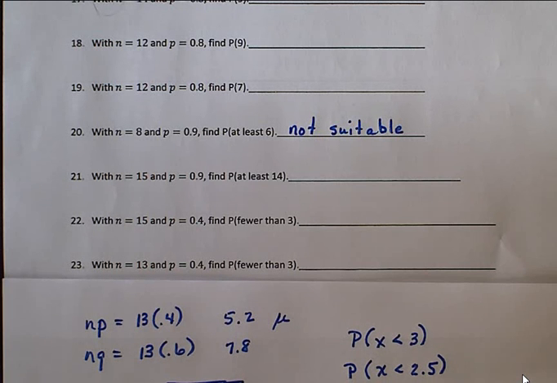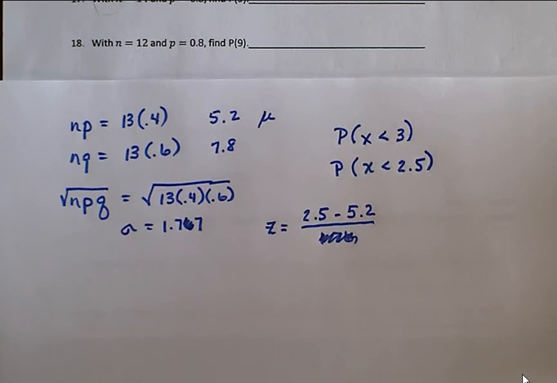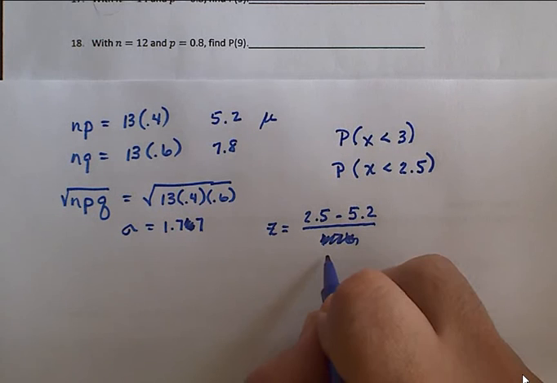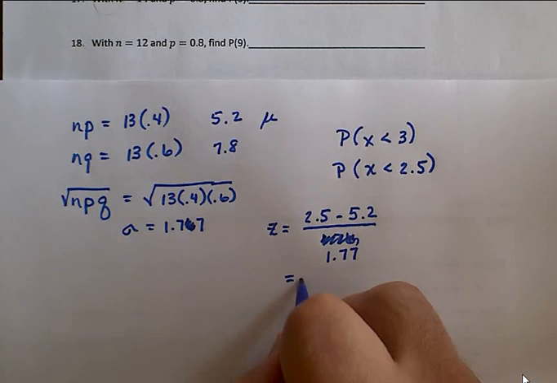Okay, so if I take 2.5 minus 5.2 divided by, that's a negative, divided by 1.77, when I do all of that, I get negative 1.53.